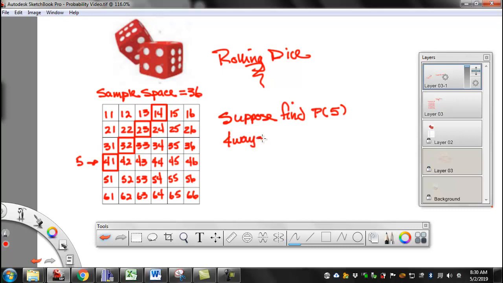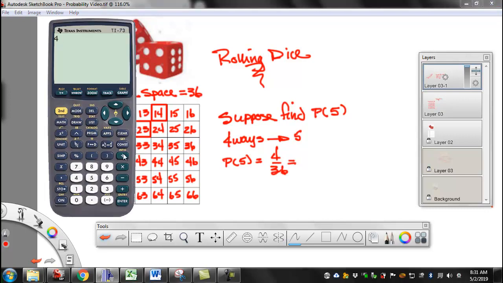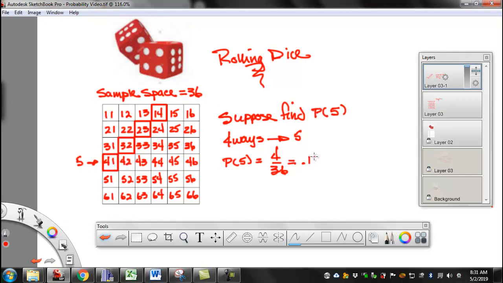And in the previous part of this video, we know there are 36 possible outcomes. So using simple probability, the probability of getting a 5 would be 4 out of 36. I pull up my calculator, divide 4 by 36, and you can see the probability is 0.111 to 3 decimal places. Okay, pretty simple, right?